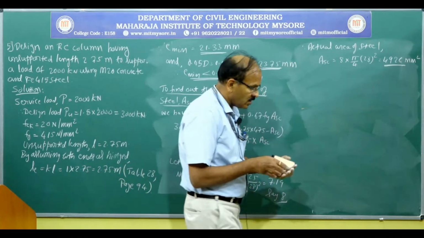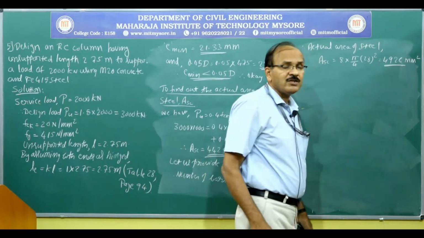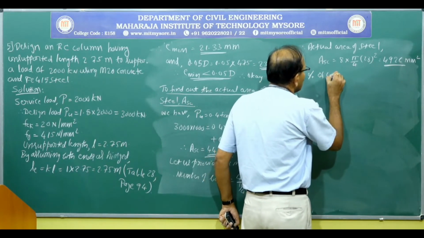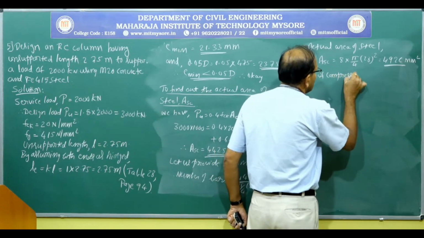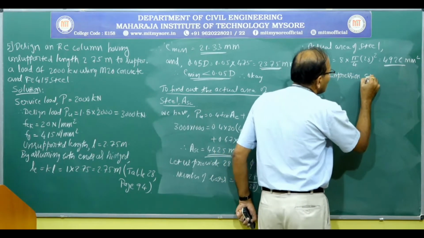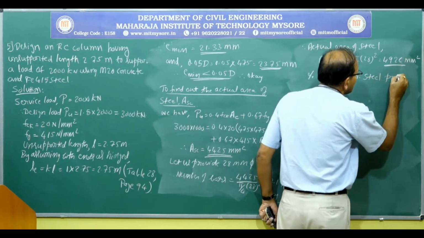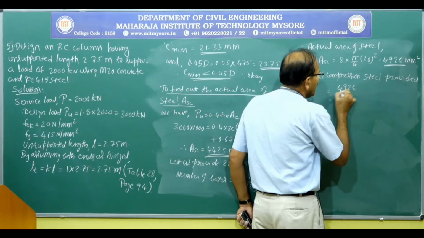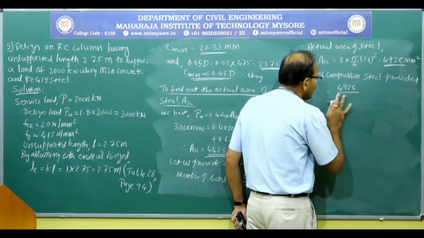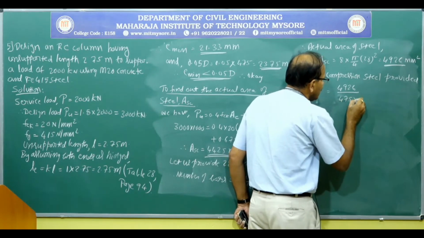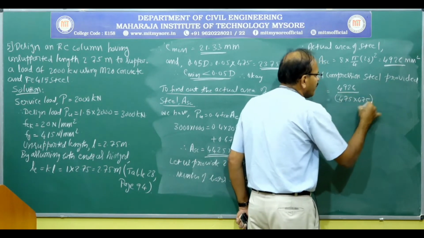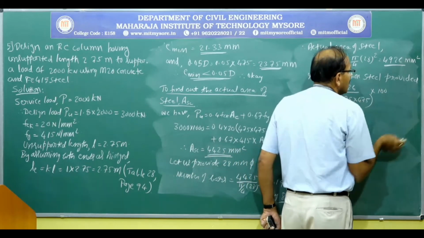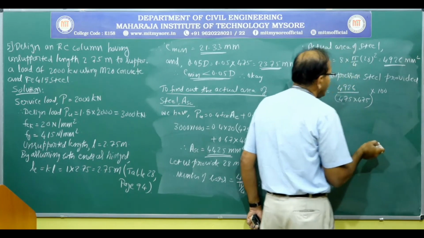So coming back to this, once we have Asc 4926 millimeter square, percentage of compression steel provided equal to total area of steel and gross area of the column section multiplied by 100.